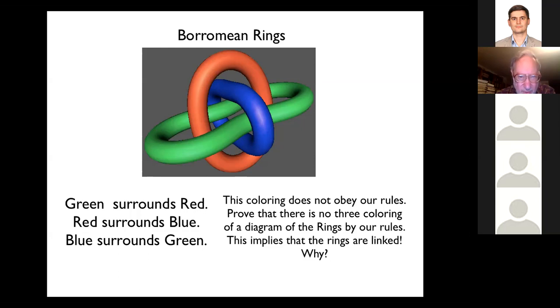That is to say, if you look at this picture, you see that red surrounds blue, blue surrounds green, but green surrounds red. So it goes around in a cycle like that. And some proofs that the Borromean rings are linked actually use that idea, but we won't go into it.